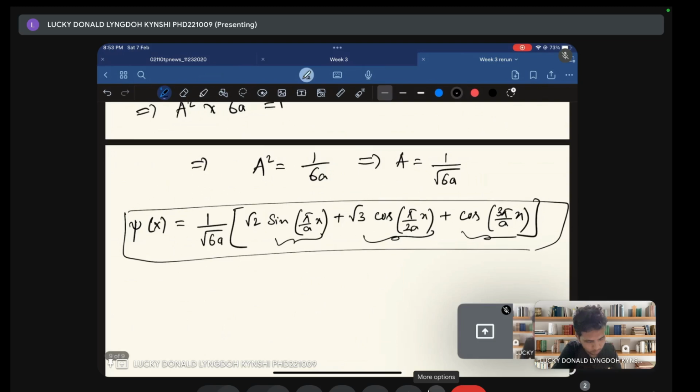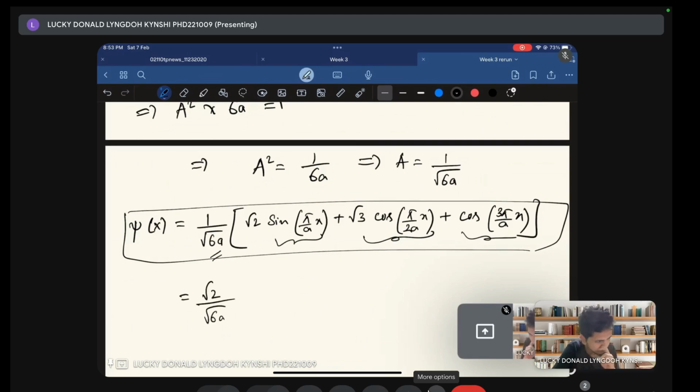multiply the multiplication constant, so you will get root 2 by root 6a sine of, again, since it is a box of length 2a, I can multiply 2 pi by 2a here.